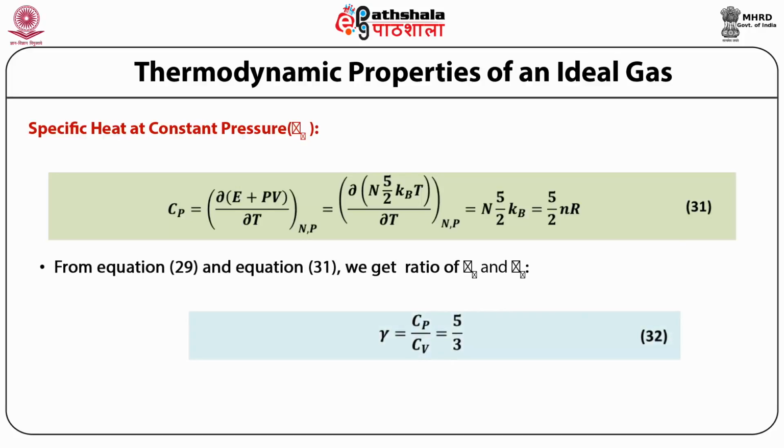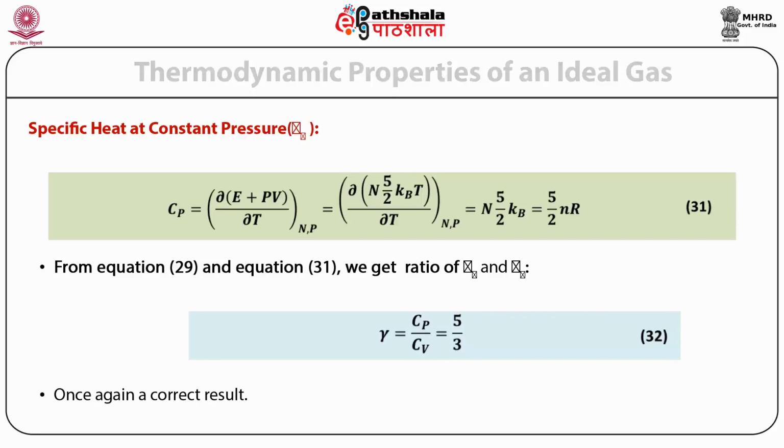From equation 29 and equation 31, we get the ratio of specific heat at constant pressure and specific heat at constant volume, gamma, equal to 5/3. Once again, a correct result.